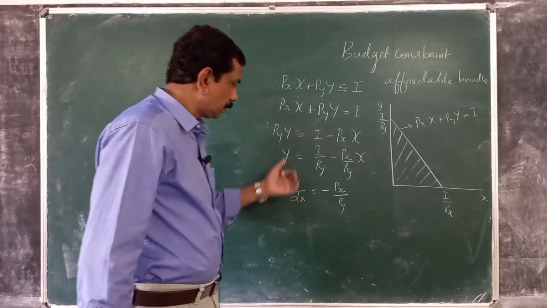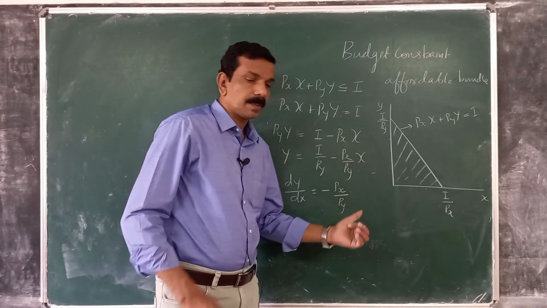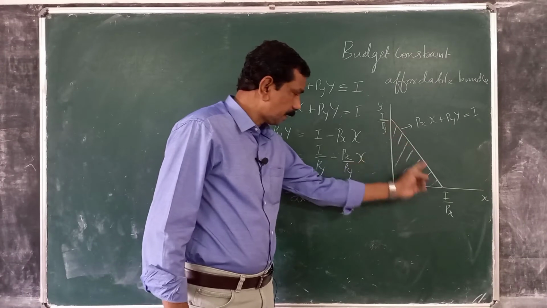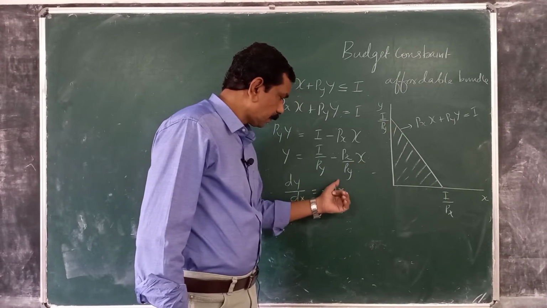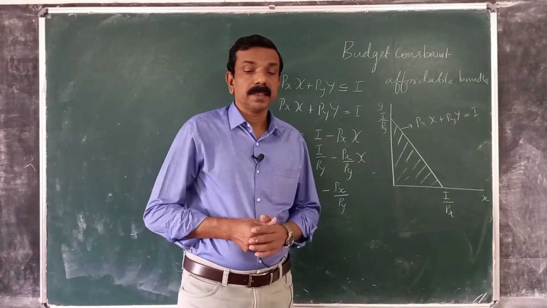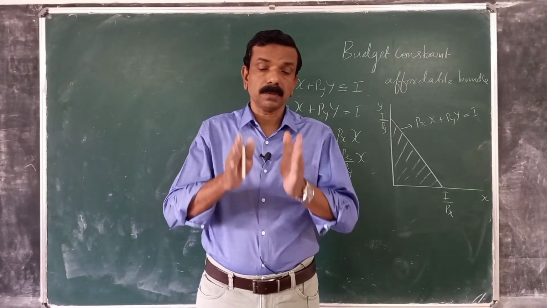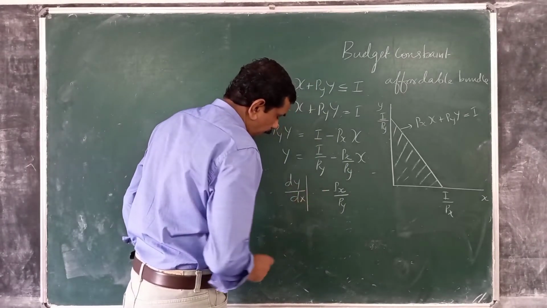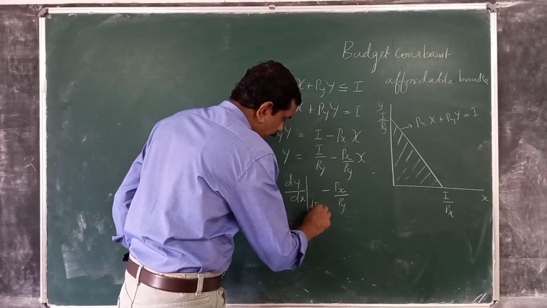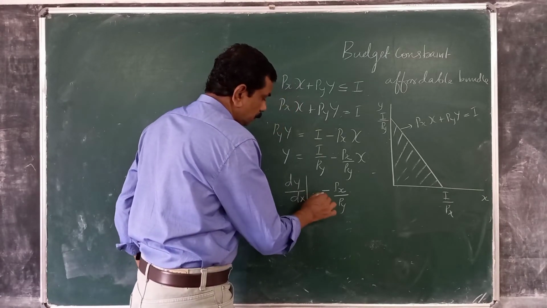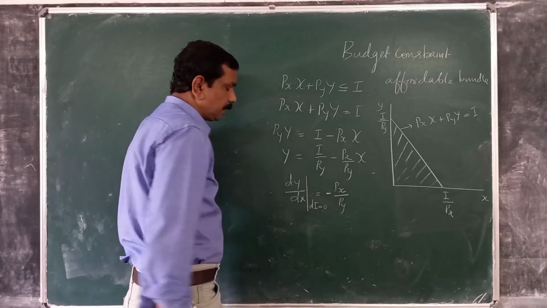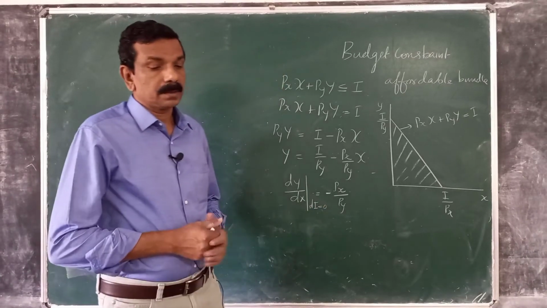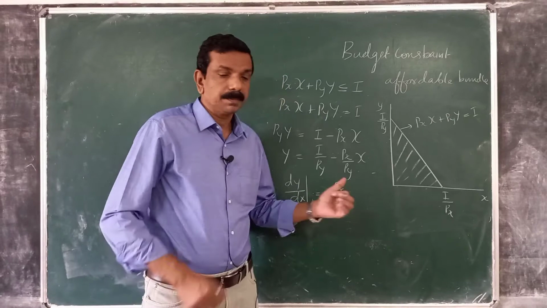The slope of the budget line is given as the negative of the price ratio, specifically as dy by dx, with dI equal to 0, is equal to minus Px by Py.